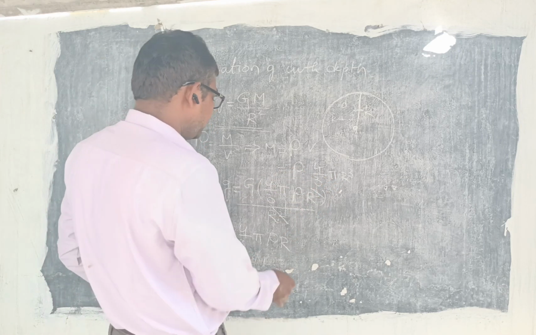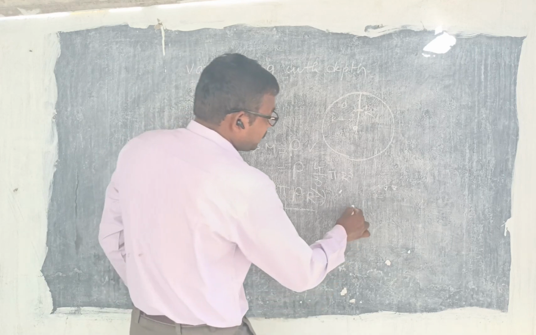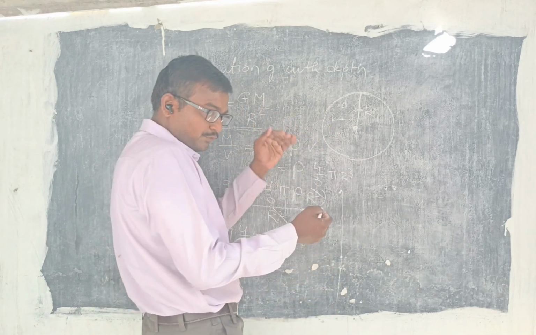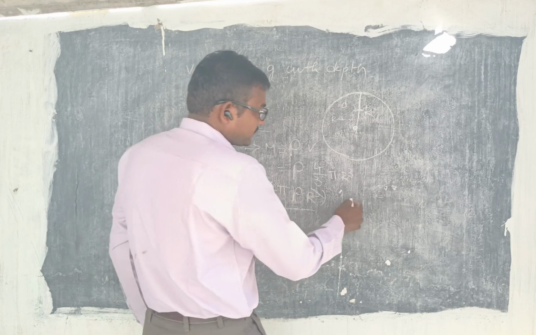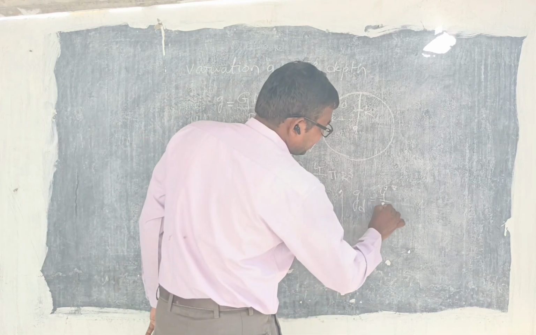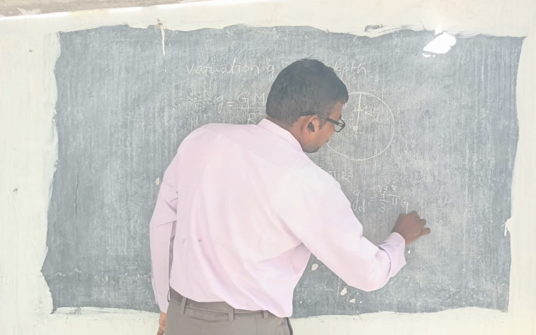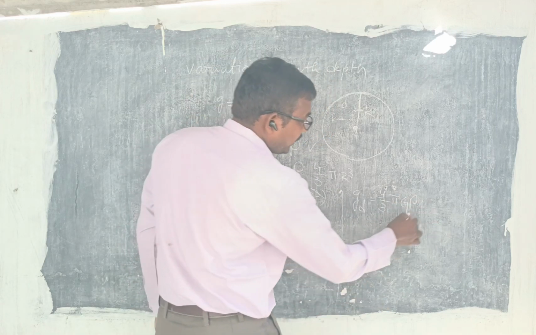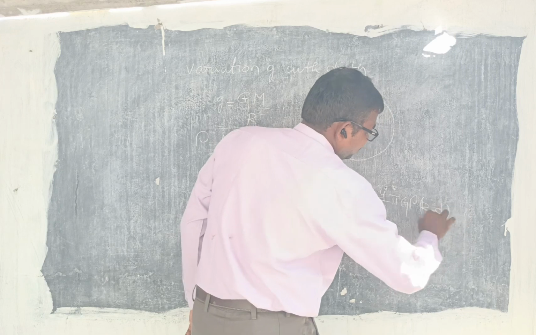But in this case what happened? If you move to the depth, if you move to the down of the ground, gd equals 4 by 3rd pi G rho (r minus d).